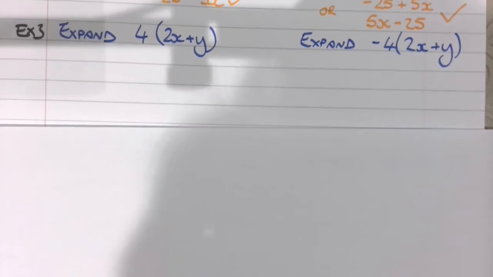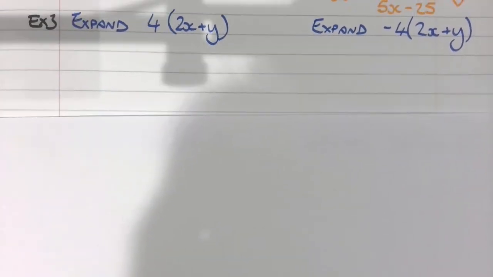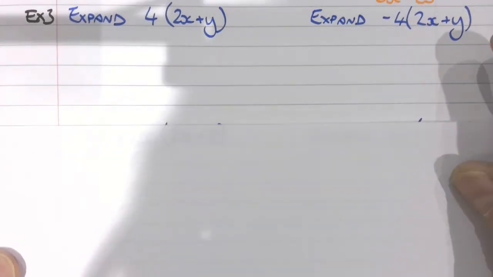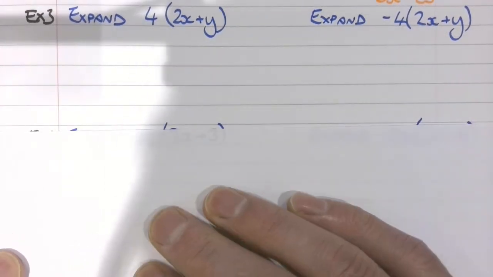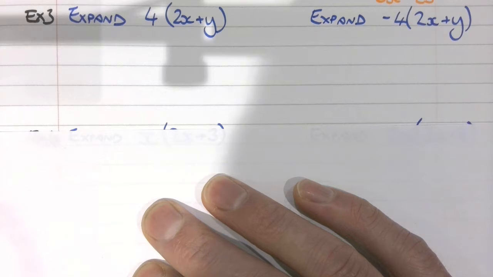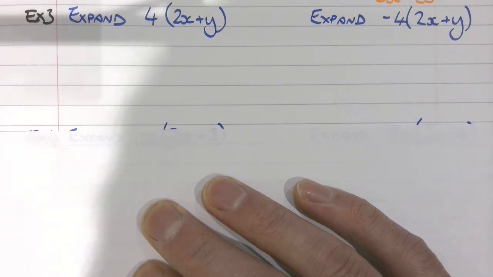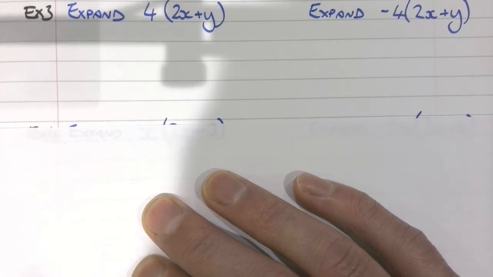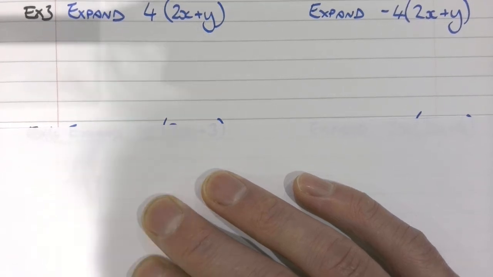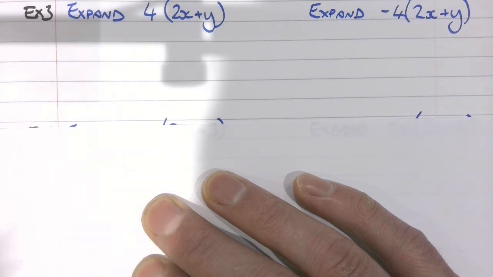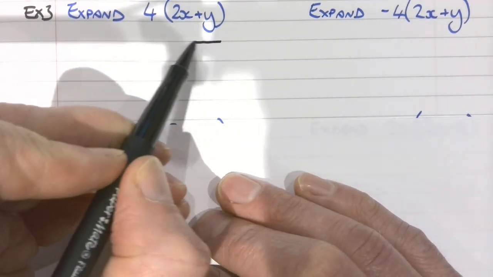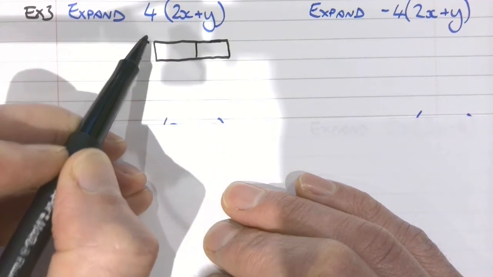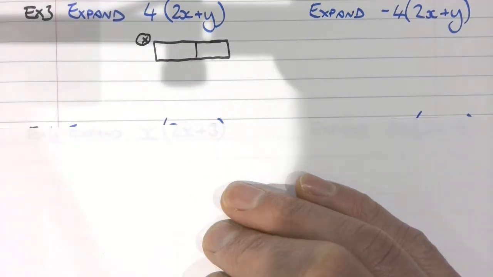So, example 3. What's slightly different in this question is inside the brackets I've got 2 letters now, but that shouldn't be of too much concern for us. It's the same kind of problem. We draw our boxes, we remind ourselves we're multiplying.